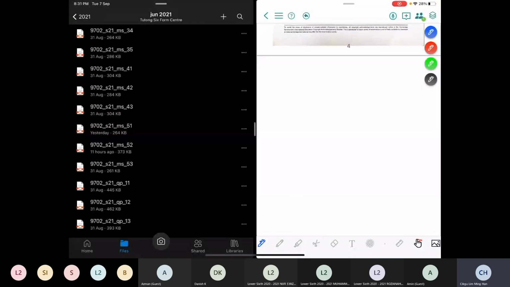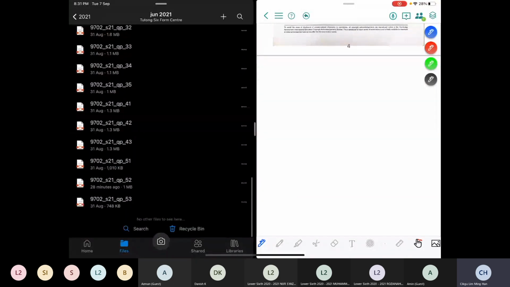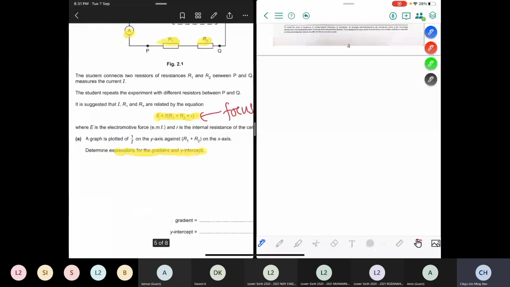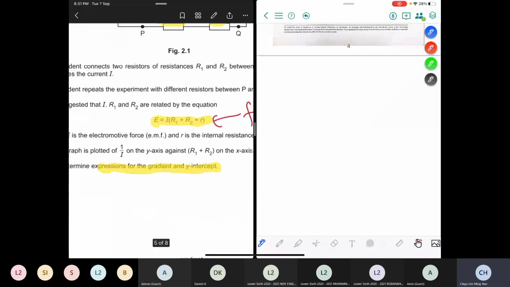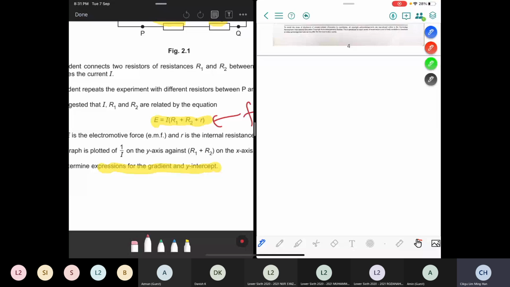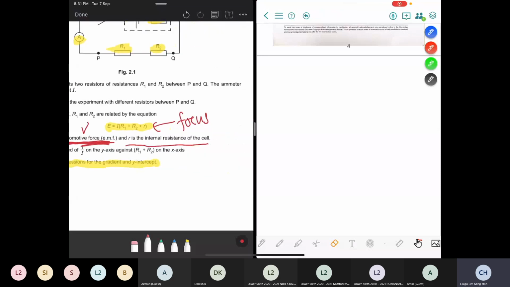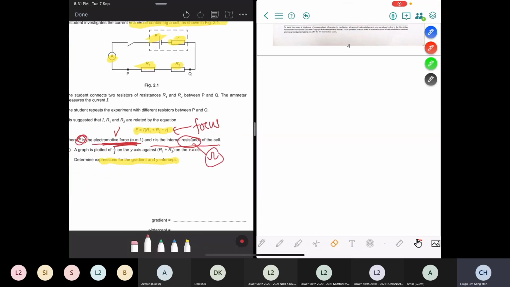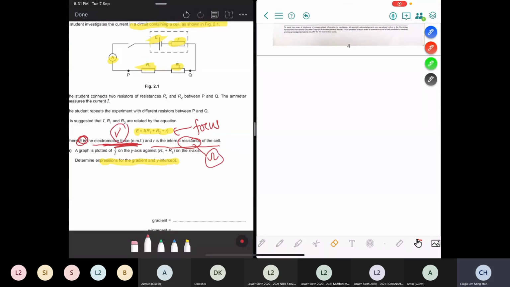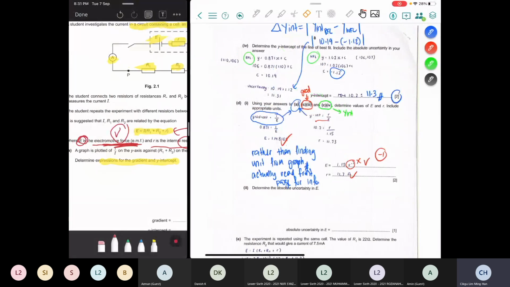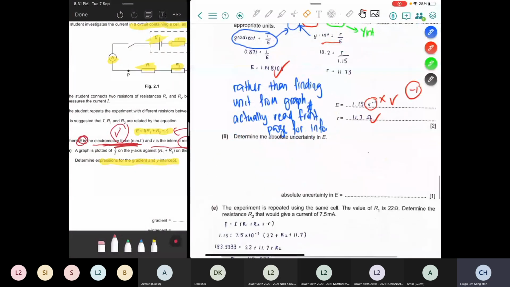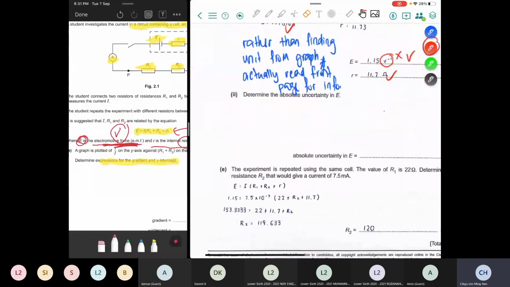Let me share with you here. Easier if I slide into this one. So if you can see from the statement, your E is actually the EMF. So EMF is actually volt. And then as you can see, this is your small r, a resistance. So resistance will be ohm. So this is how you get the unit without doing all those calculations from your graph.